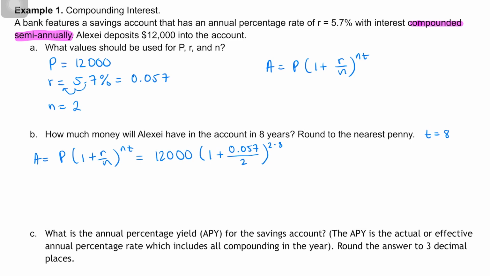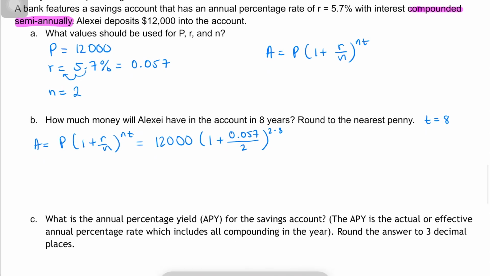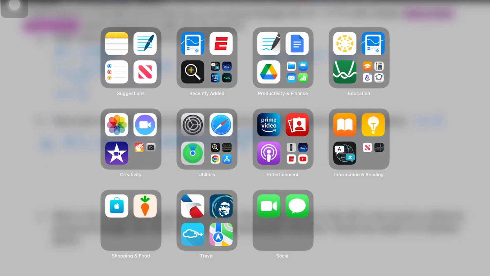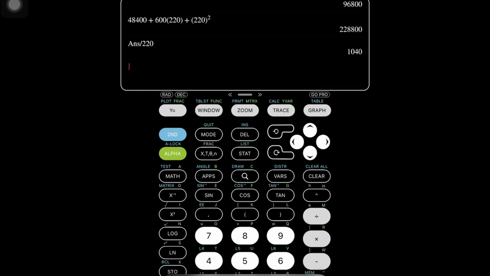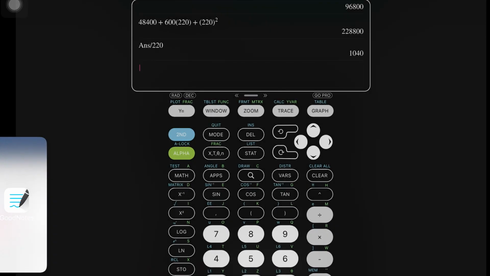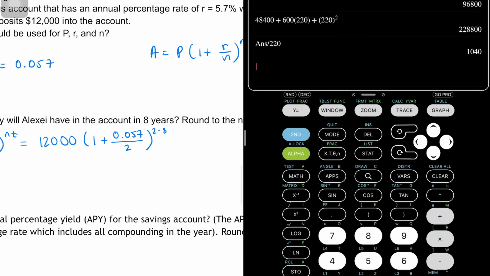Right, so we're going to literally just put this into the calculator, and let me just take out the calculator here real quick. So I'll split the screen here. There you go.